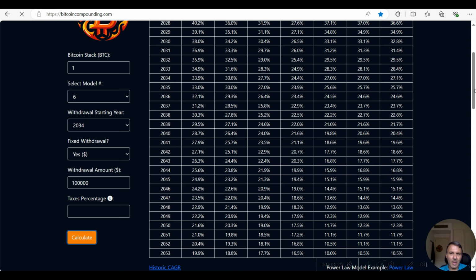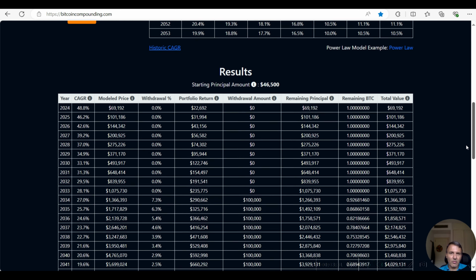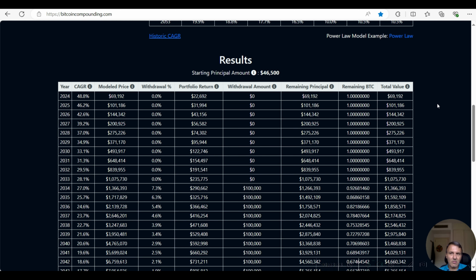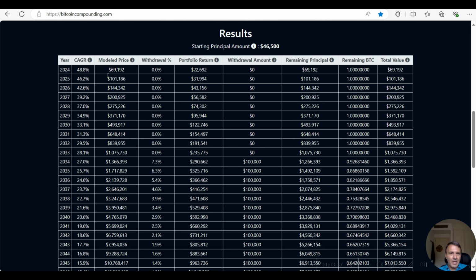If I hit calculate and move underneath, you can see the results. You've got the CAGR, the compound annual growth rate, shown above. One thing that I observed, which makes sense, is that at the beginning of its journey, given that it's following this kind of S-curve progression, you can expect a higher rate of CAGR, particularly where there are still amounts of Bitcoin to be acquired out of the 21 million.